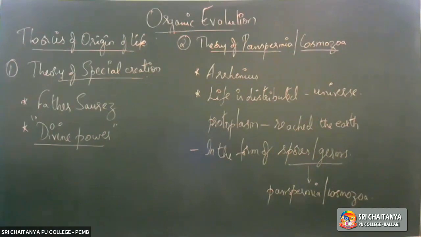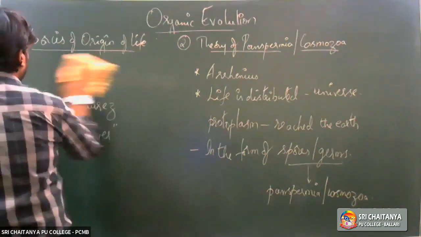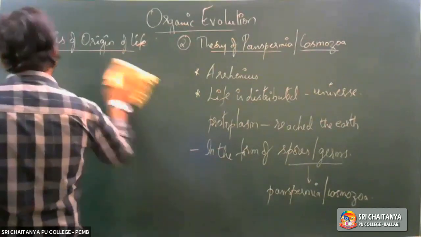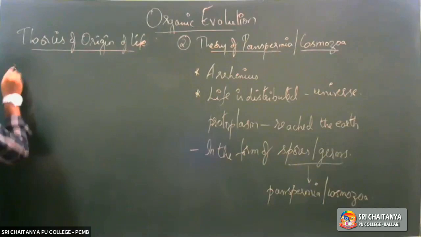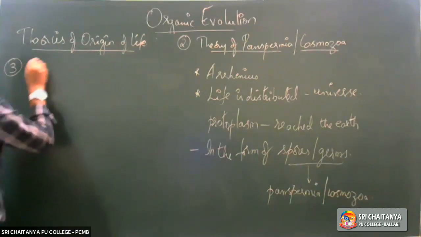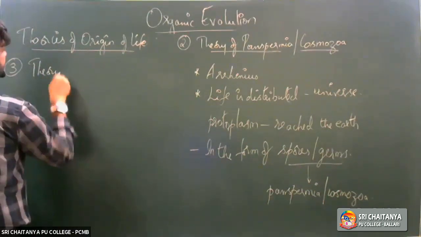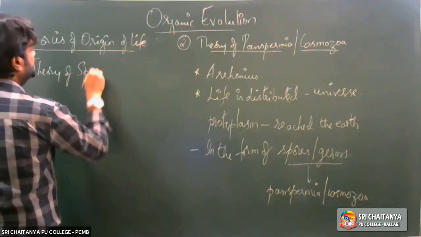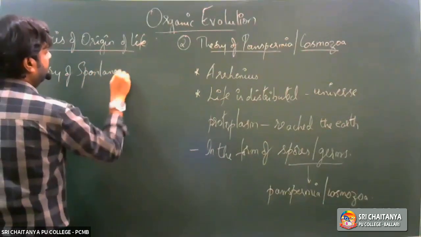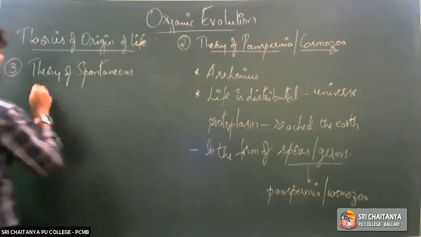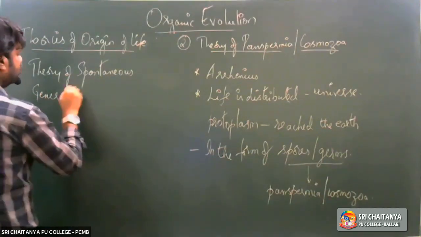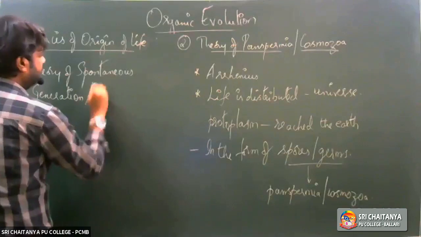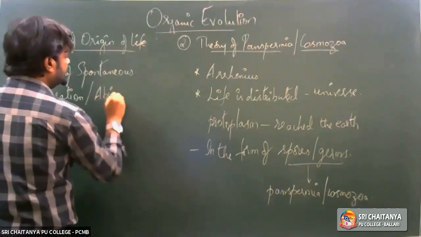The third theory we have is called the theory of spontaneous generation, or it is also called the theory of abiogenesis.